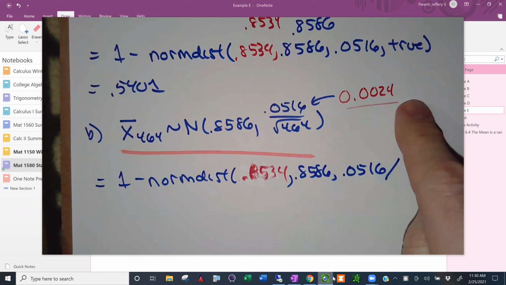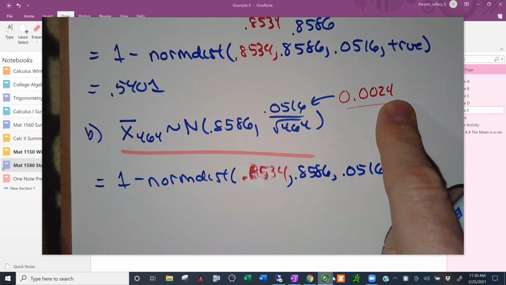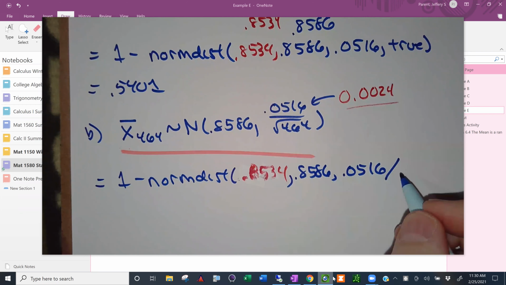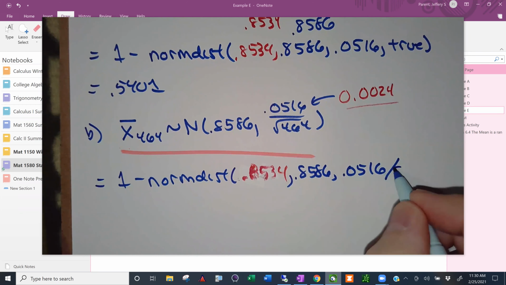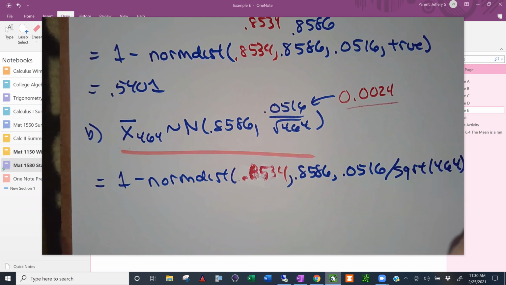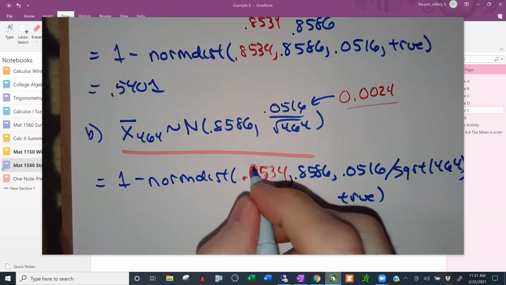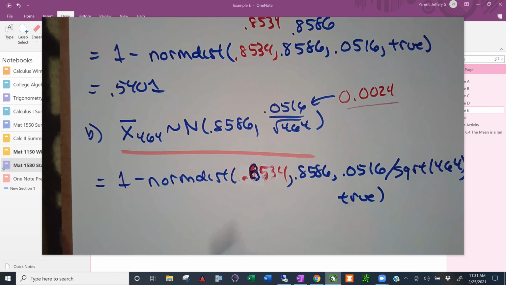Now, if you don't feel like just putting in the number 0.0024, I get it. That's a nice easy fix, but you can just put in square root, SQRT 464, comma true. And I don't know if you regard that as a handy workaround or not. It means you don't have to bust out your graphing calculator. That's an 8 there.